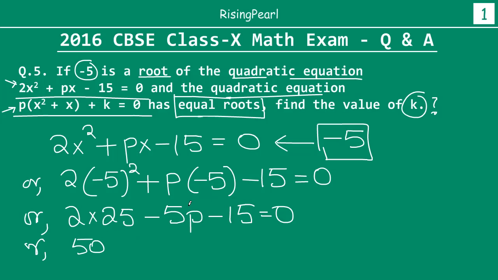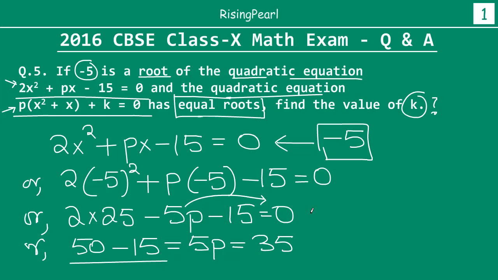Let's take the minus 5p on the other side of the equality sign. So we have 50 minus 15, which is equal to 5p. The minus 5p on the other side will become plus 5p, so 5p equals 35. So from here we can say that p will be equal to 35 divided by 5, which is going to be equal to 7.